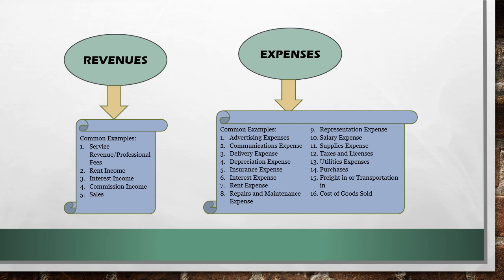That is from the definition of the IFRS conceptual framework. Common examples of revenues are the service revenue or professional fees, rent income, interest income, commission income, sales, and many more.